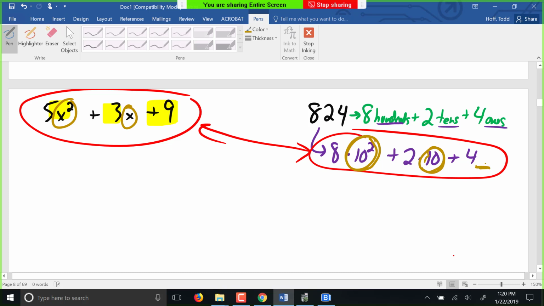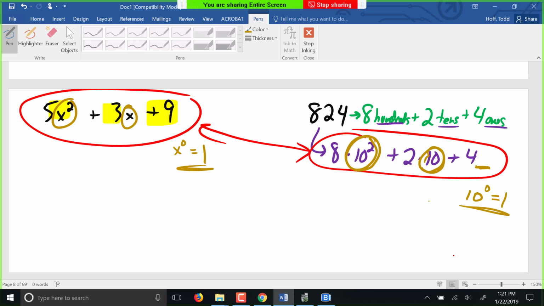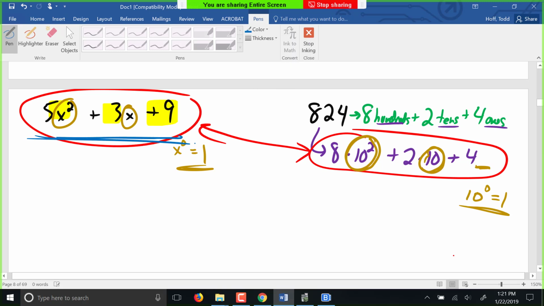This is the 10 to the 0, which is 10 to the power of 0 is 1. This is the x to the power of 0, which is 1. Anything to the power of 0 is 1. So it doesn't matter what we're using as the base of our place value. That last digit's always the ones. So when you see them compared this way, what you see is our algebraic numbers are just the same as our whole numbers with a different number base.